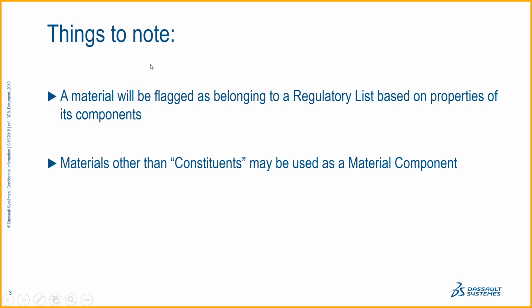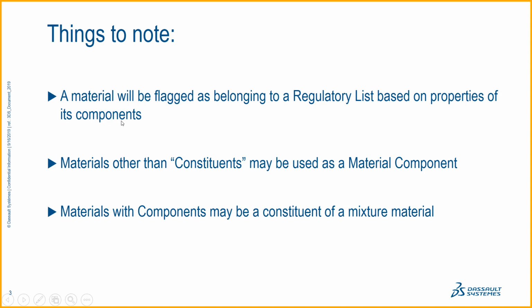Well, as of CISPRO 2018 SP2, any other material may now be used as a material component. So we can never introduce a single constituent record into our system, and we can still take our chemicals. So maybe we've got a nice comprehensive list of chemicals in our library. Well, we can select any of those chemicals and use them as a constituent or a component of another chemical that we're defining.